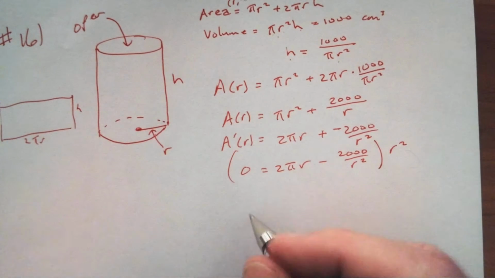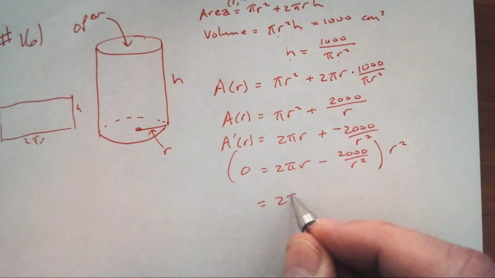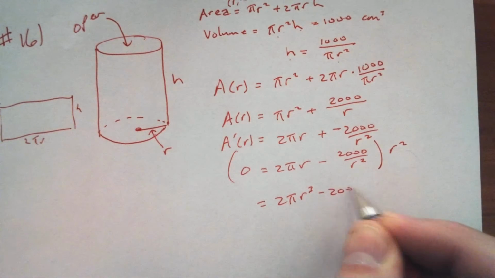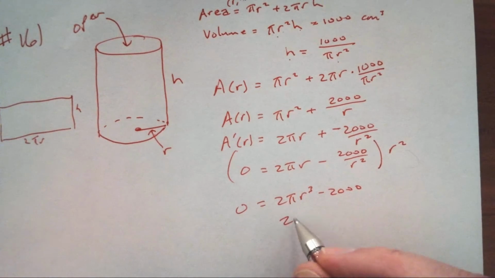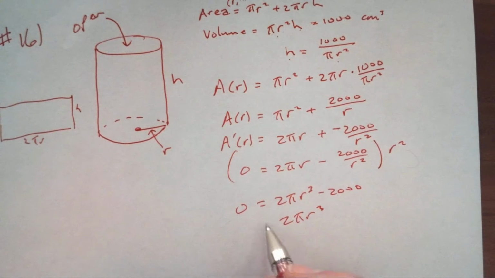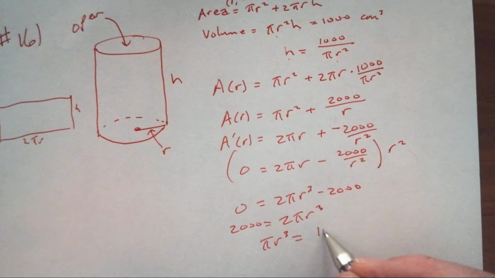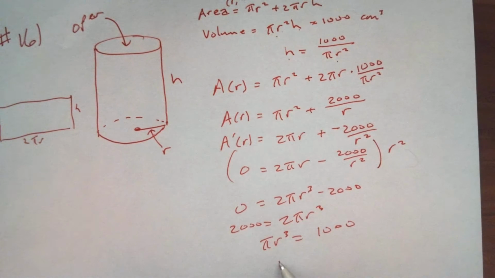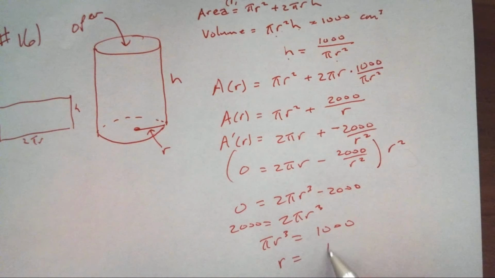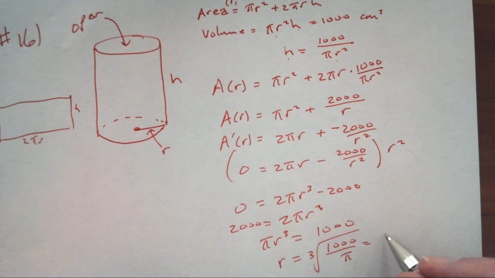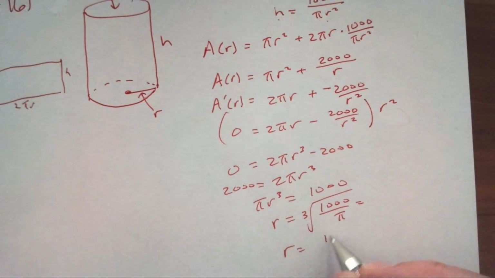Little easy algebra here, and I get 0 equals 2 pi r cubed minus 2,000, or 2 pi r cubed equals 2,000, or pi r cubed equals 1,000, or r equals 1,000 divided by pi, take the third root of, and I get r is 10 on the third root of pi.